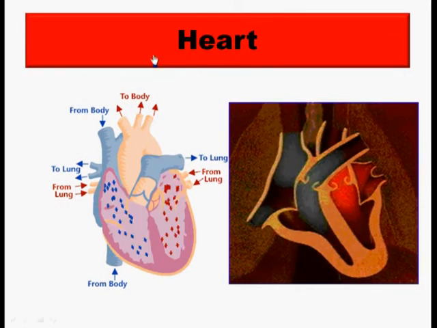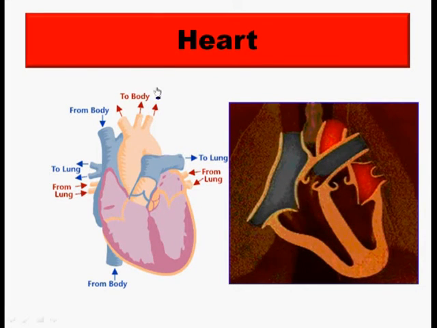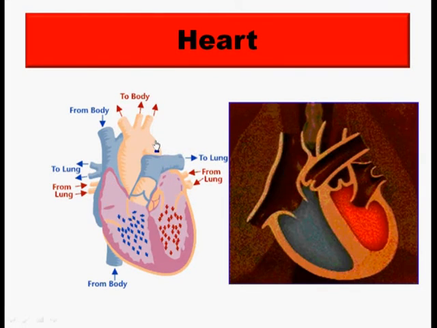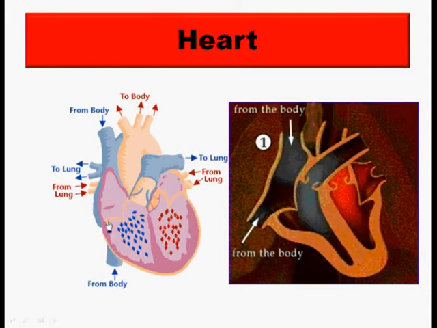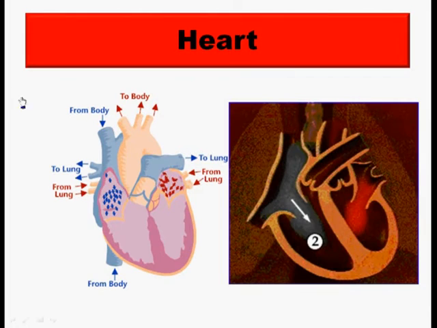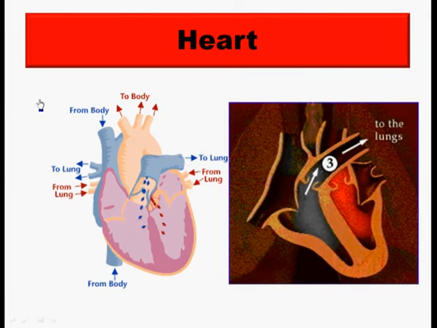Okay, now we're going to look at the heart, and I would like for you to take a close look at these two animations, before I continue to narrate.